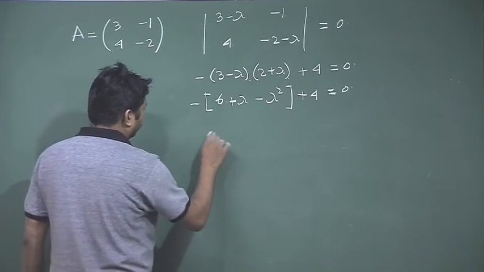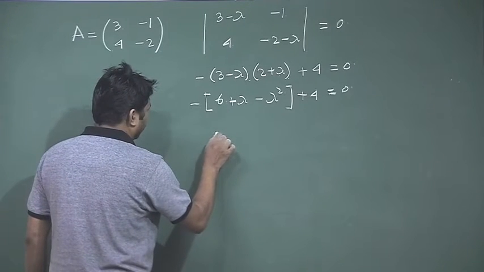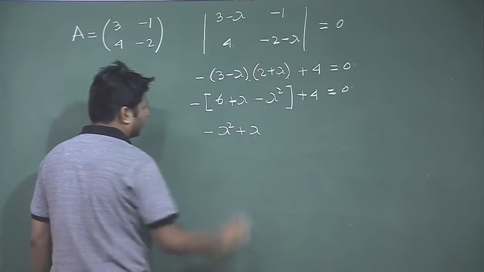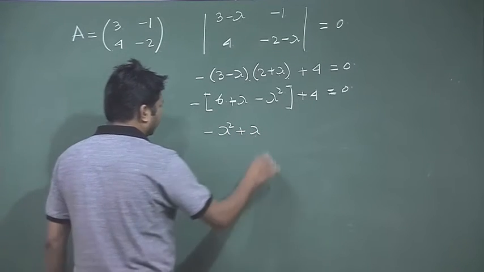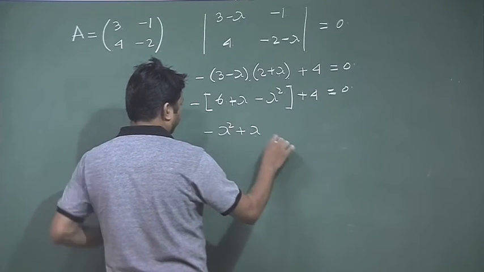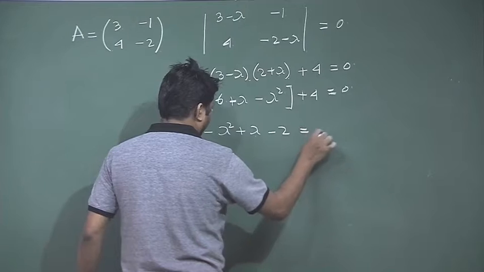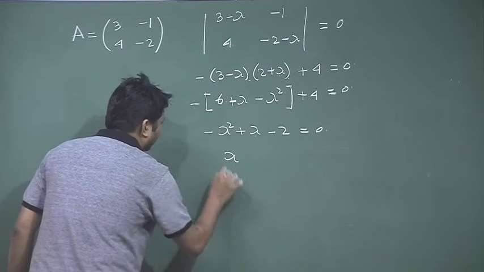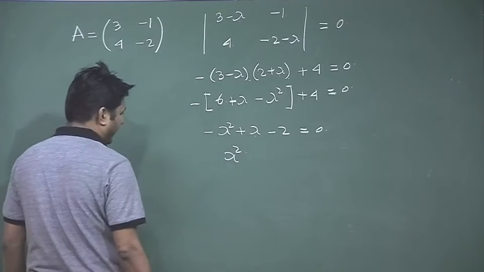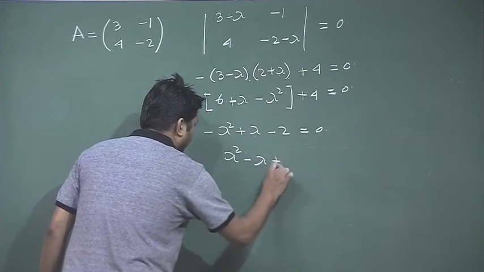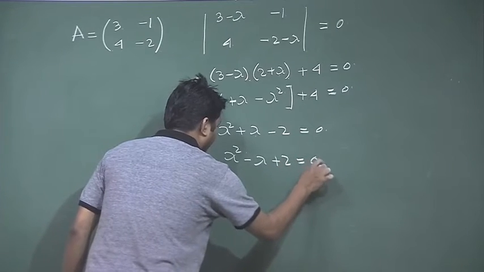So I have minus lambda square plus lambda, and then here I have minus 2 is equal to 0, or lambda square minus lambda plus 2 is equal to 0.